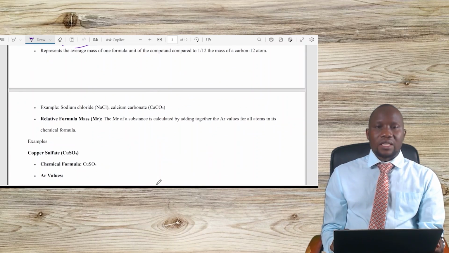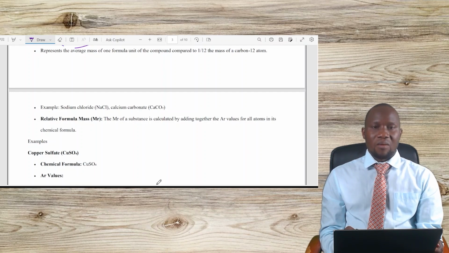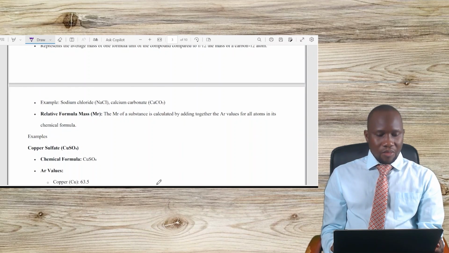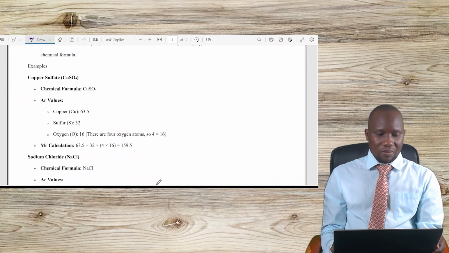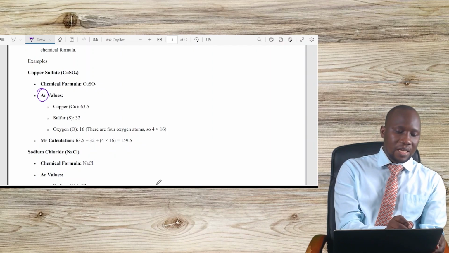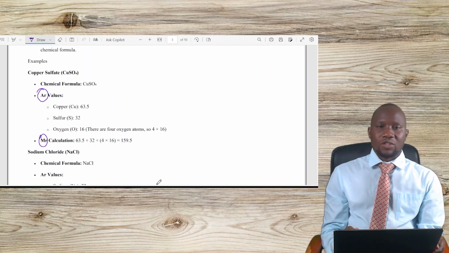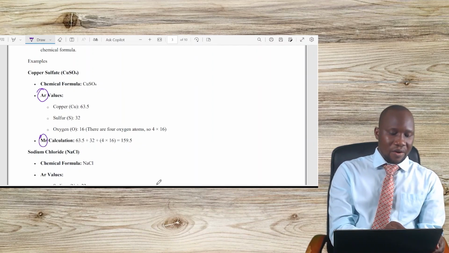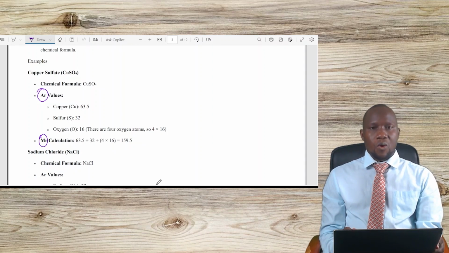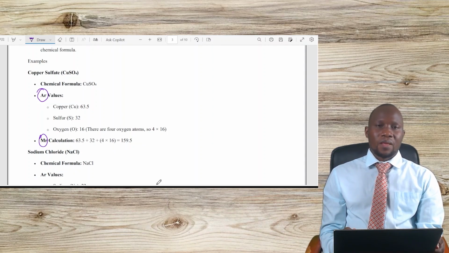Sodium chloride and calcium carbonate. These are the examples we are going to look at first. These are examples of ionic compounds. Please note that Ar stands for atomic mass, and Mr, with a capital M and a small r, stands for the relative molecular mass. It can also stand for relative formula mass.